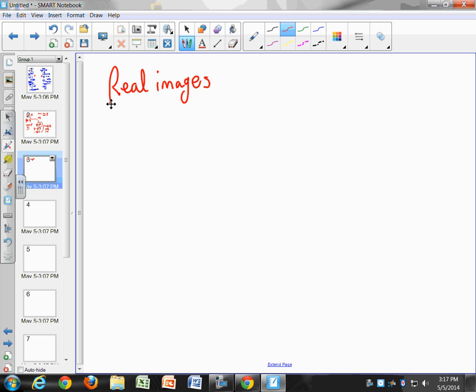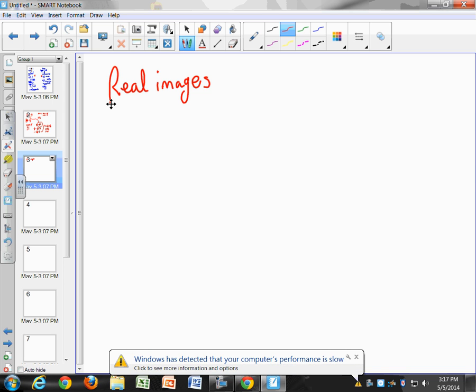If it's upright and smaller, it has to be a convex mirror. And if it's ever upright, it has to be a virtual image as well. Real images projected on a screen have a positive image distance. Virtual images cannot be projected on a screen. They have a negative image distance, and they are always upright.